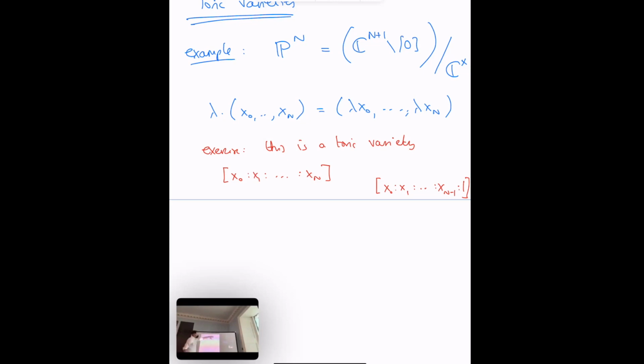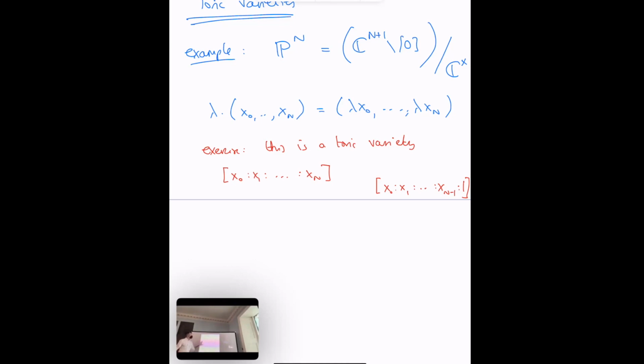So for projective space, this kind of presentation as a quotient is probably simpler to understand. If you've seen the fan picture, then I don't know whether the fan for projective space is the first thing you would think of. Maybe, I don't know.